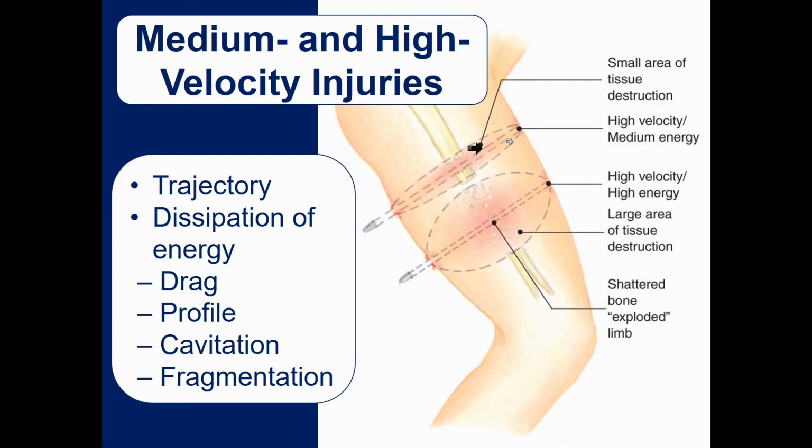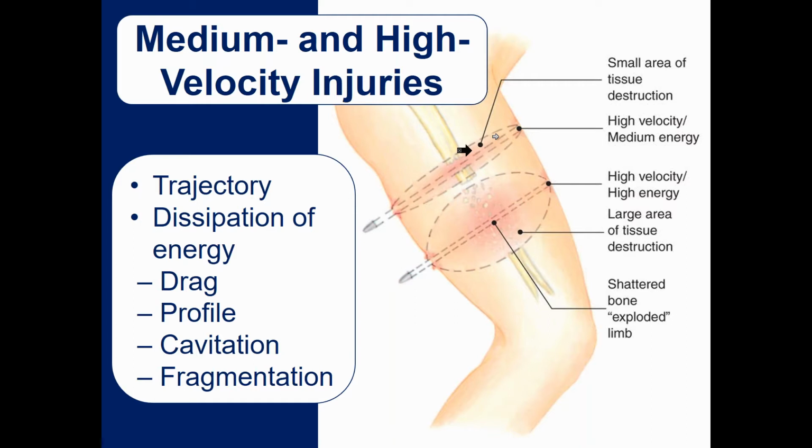Our medium velocity impacts have a much smaller pressure wave. So that pressure wave causes what is called a temporary wound cavity. That's that cavitation, and that temporary wound cavity expands and then contracts down, and the trajectory and path of the bullet actually causes a permanent wound cavity, so it leaves a tunnel.